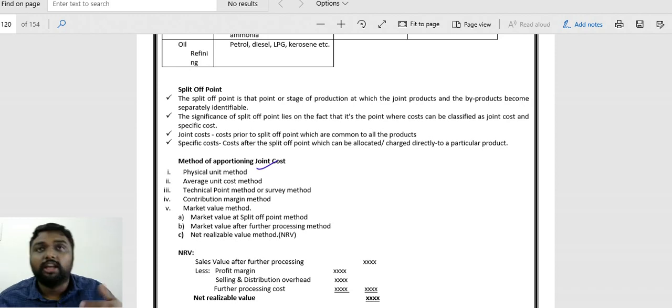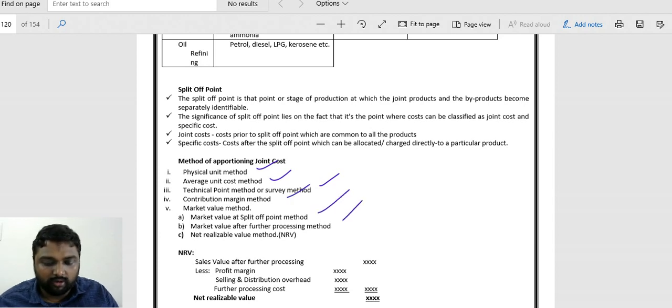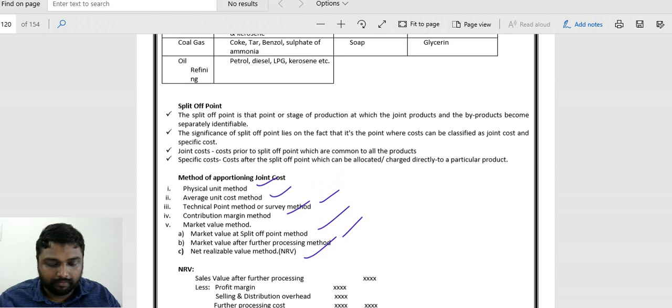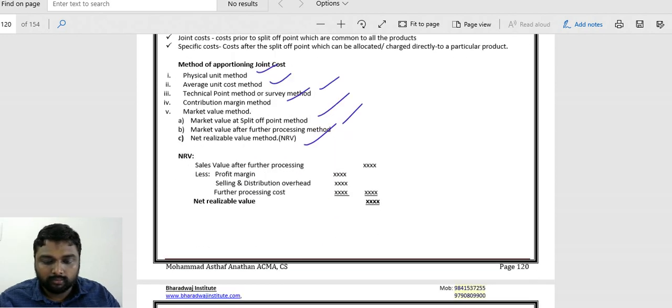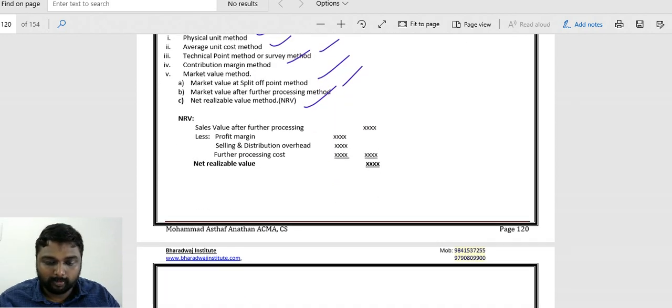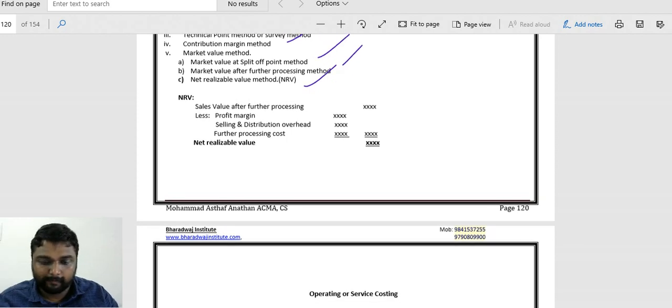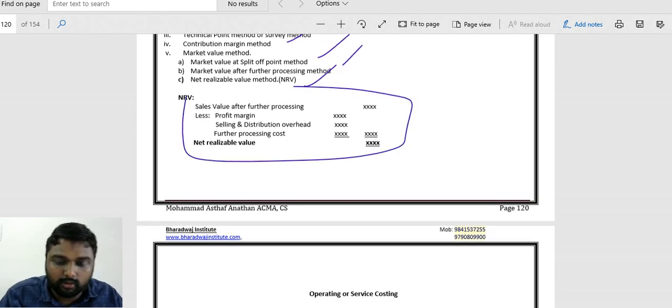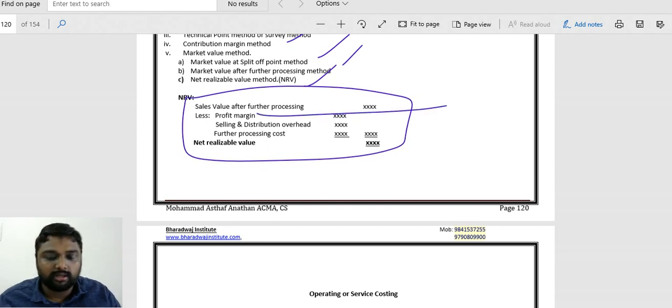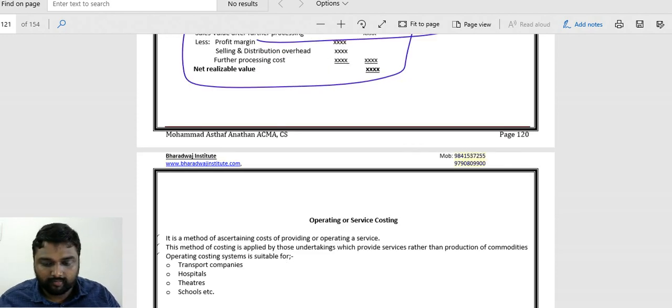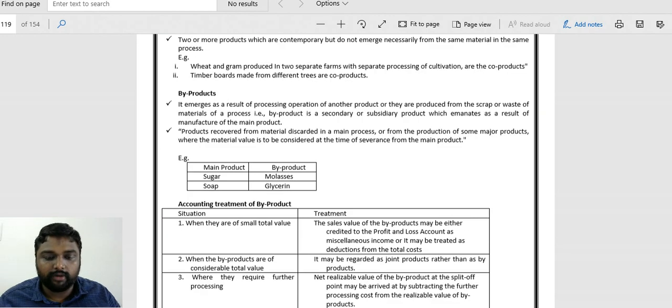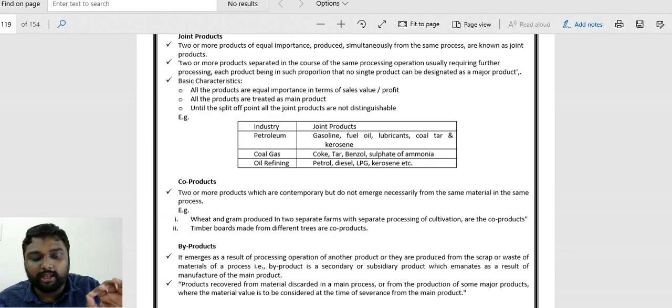Average cost means if you do more than one production, you take average cost. Survey method, that is point method. Contribution, market value at split off, further process, net realizable value. See, you can't always reduce the profit margin. That's what I told, sales value less cost. So you can pause the video and read the theory part. For a better understanding, you should follow the suggestion we are giving.